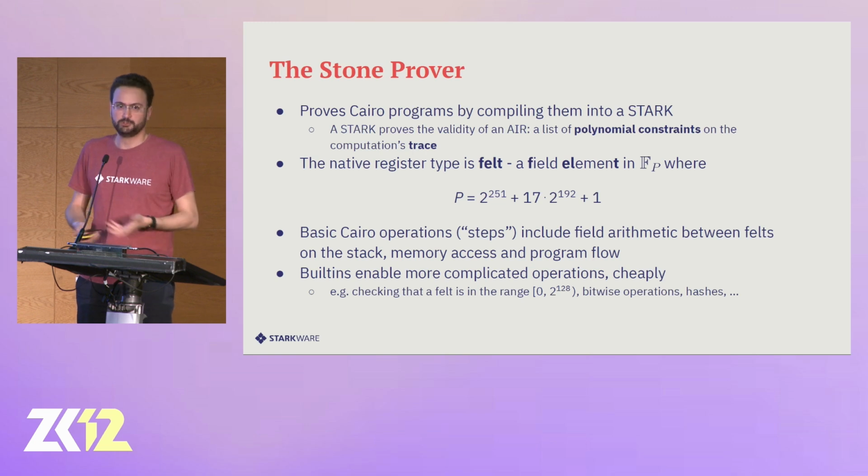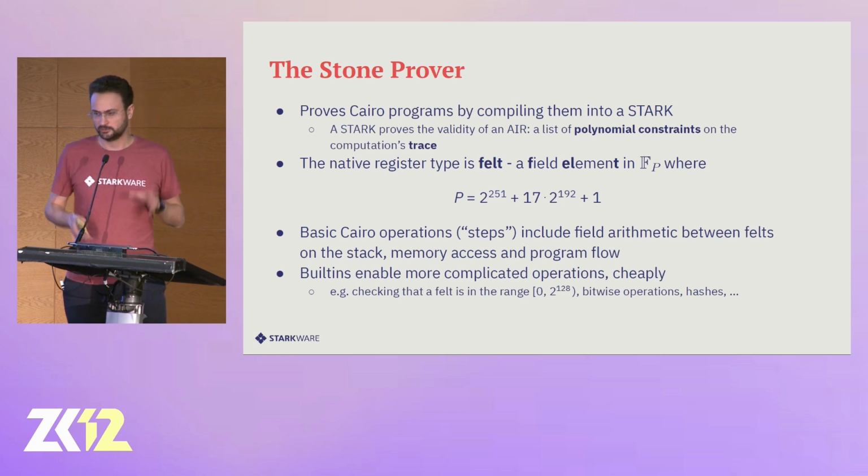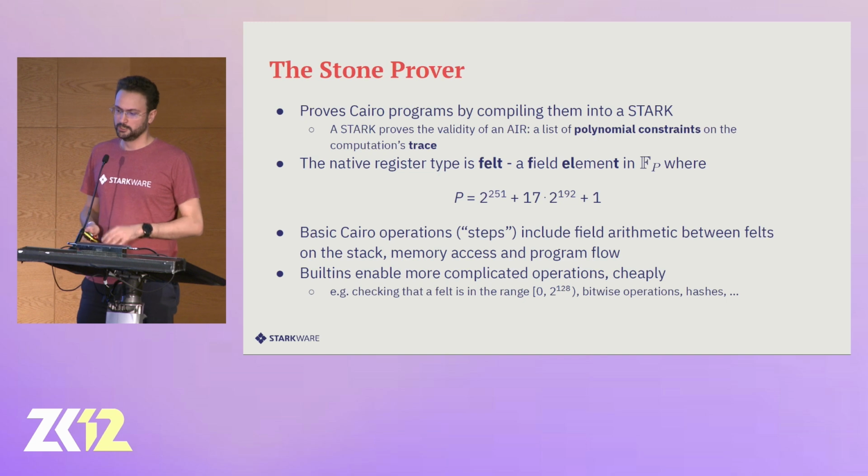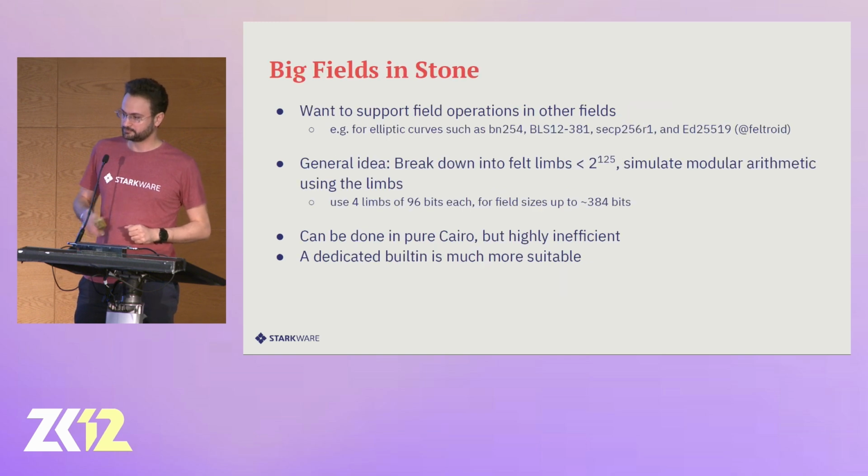Bitwise operations, you don't really want to do using field element operations, but you can do it much more cheaply just with polynomial constraints on certain elements. Similarly, computing hashes can be very inefficient if done directly in Cairo, but can be much more efficient directly on the AIR. And all of these things are then given access to the Cairo programmer, who can use these built-ins with minimal interaction between Cairo steps and the built-ins.